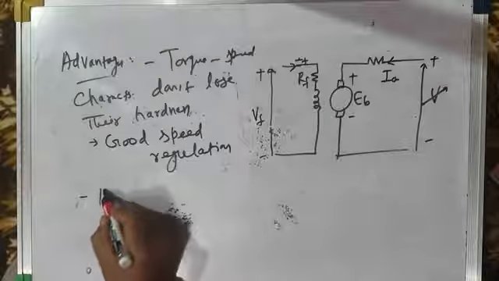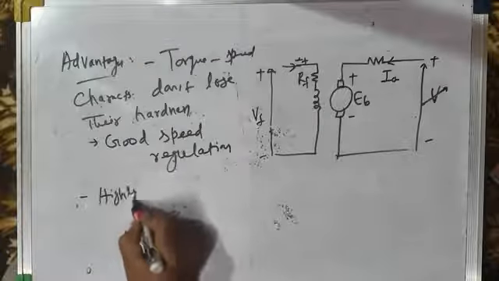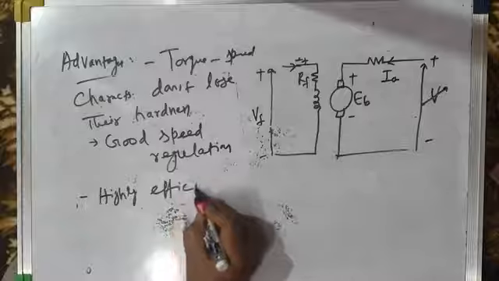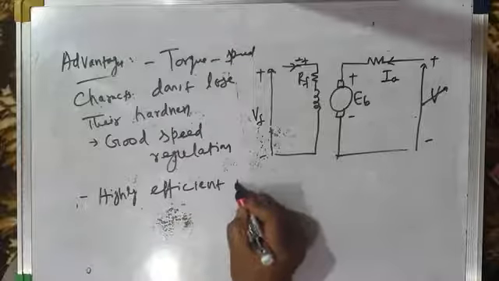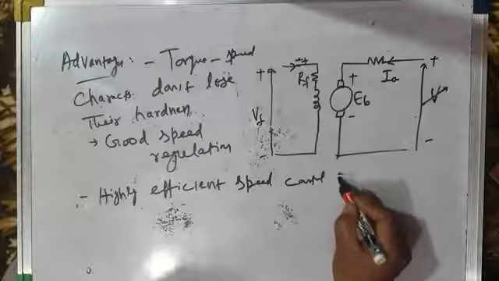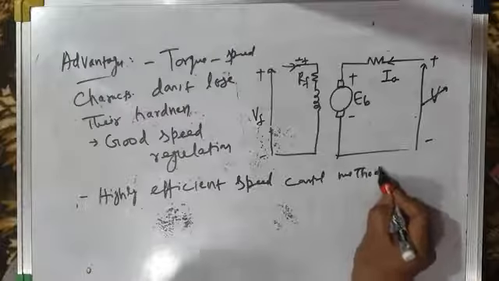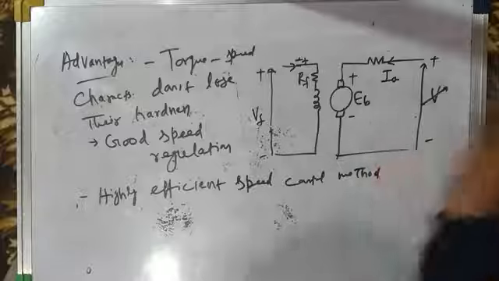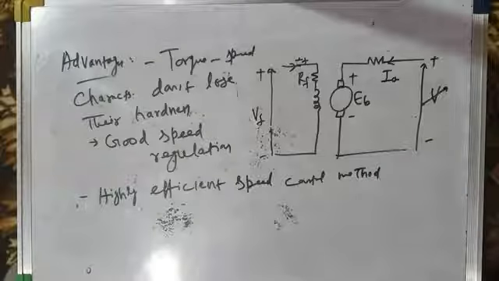And second is that this is a highly efficient method of speed control. Highly efficient speed control method, because we are not wasting energy; we are not putting any external resistance in series with the armature. No external resistance is there and no I square R losses are there. This is the highly efficient method of speed control.